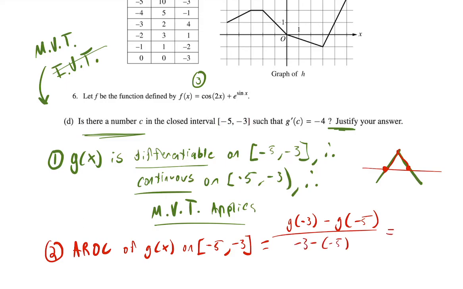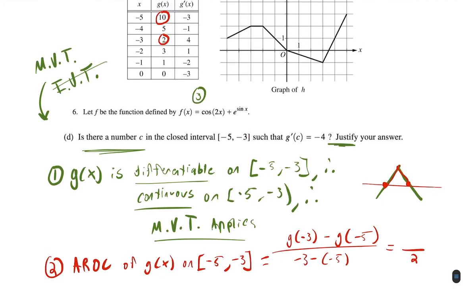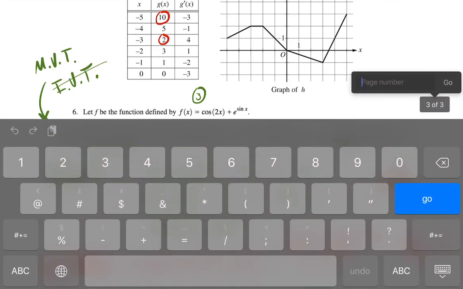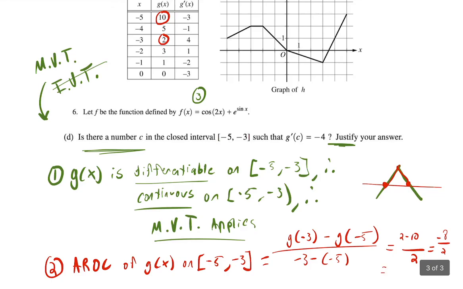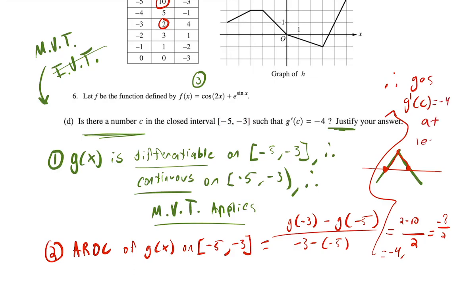This is 2 on the bottom. g of -3 is 2. g of -5 is 10. So we'd have 2 minus 10, which is -8 over 2, and this equals -4. I would finish this up by saying, therefore, yes, g prime of c equals -4 at least one time. Great, and that is the mean value theorem.